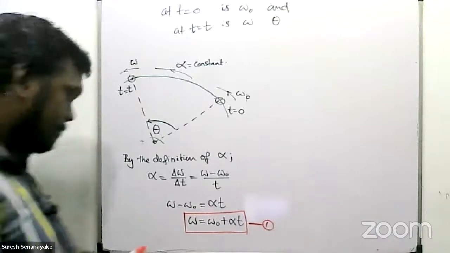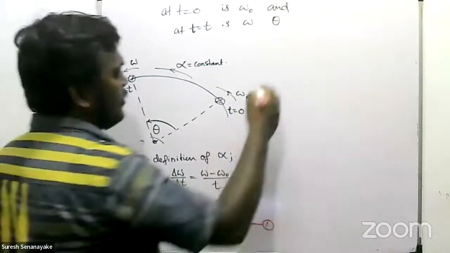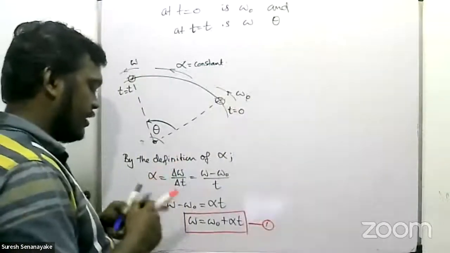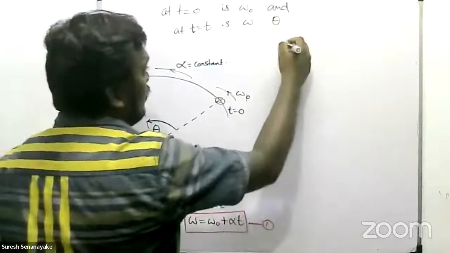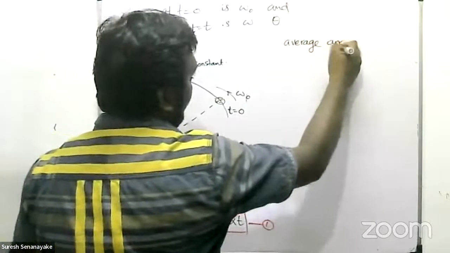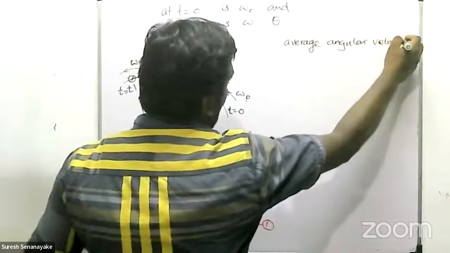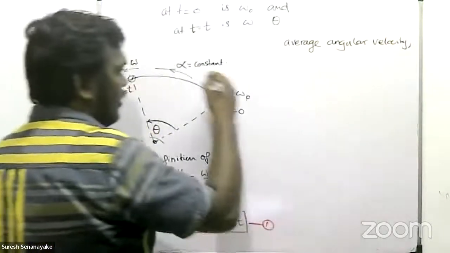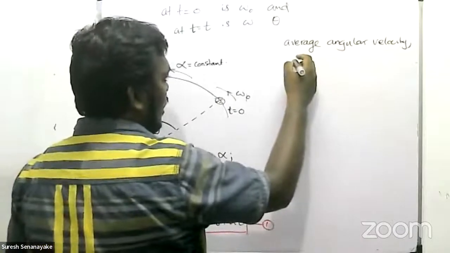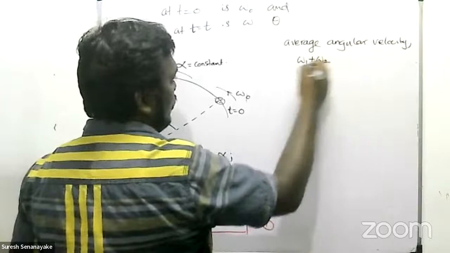Okay, then the next one, average angular velocity. The average angular velocity with constant angular acceleration you can write as omega 1 plus omega 2 divided by 2.